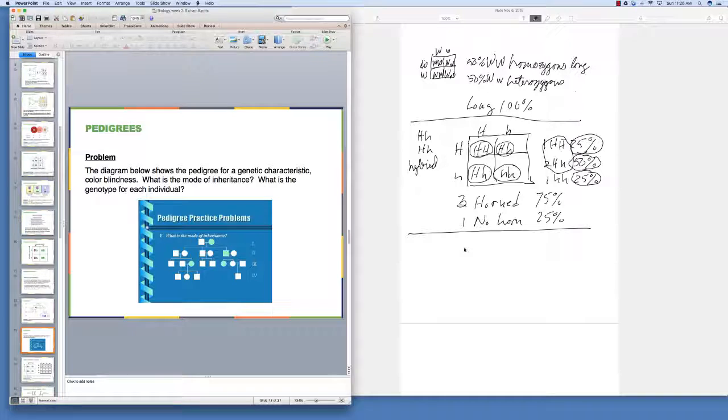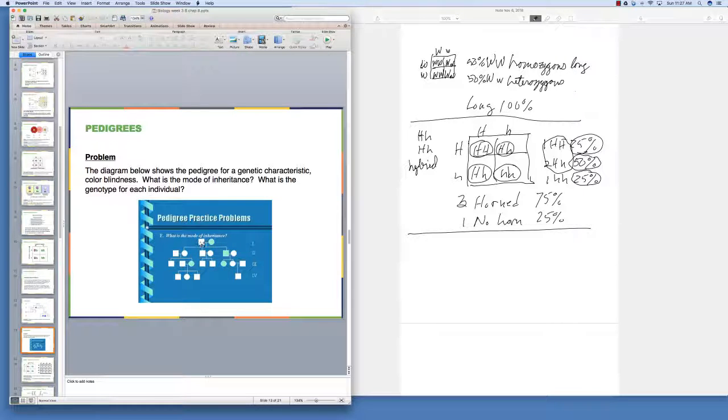Okay, the mode of inheritance means, is it autosomal dominant? That means, is the color blindness dominant? Is color blindness recessive? And when we get to sex-linked, you can also have sex-linked dominant and sex-linked recessive, but we're not talking about sex-linked yet. And then the second question is, what is the genotype of each individual?